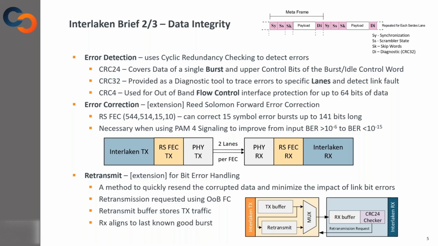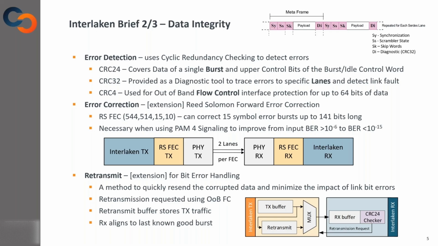And besides the error detection, we have an extension for error correction, which is the RS(544,514), which is pretty common, I believe. It can correct 15-symbol bursts, so up to 141-bit long bursts of errors, and it's necessary when doing PAM4. This error correction, the Reed-Solomon forward error correction mechanism, is placed outside of the base Interlaken, so it's like an add-on which sits between the Interlaken and the PHY and does some recoding of 67 into 65 bits.